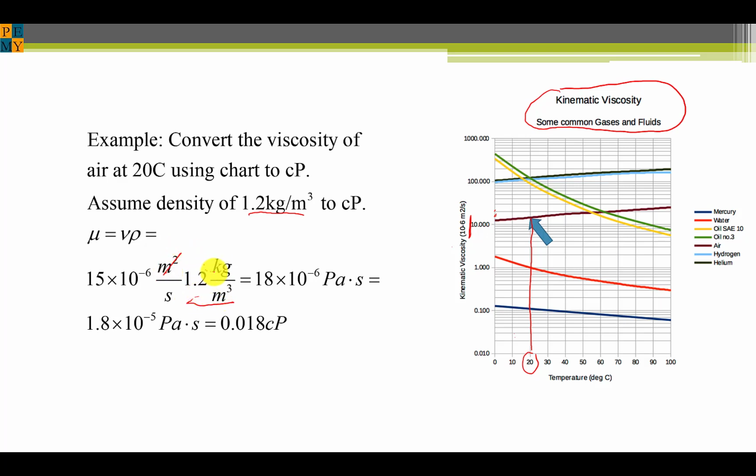The meter squared cancels, so we have kilogram per second meter. Now you know that that is a Pascal second. So this works out to 18 times 10 to the minus 6 Pascal seconds. That can be rewritten as 1.8 times 10 to the minus 5 Pascal seconds, or because there are 1000 CP in a Pascal second, we have 0.018 centipoise.